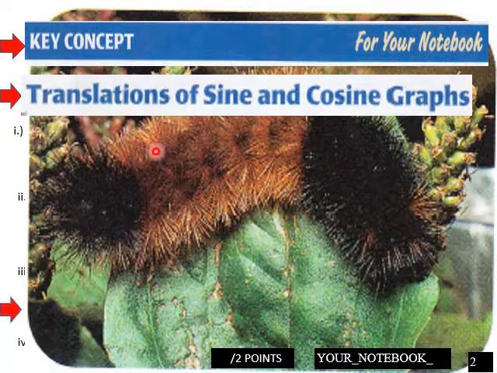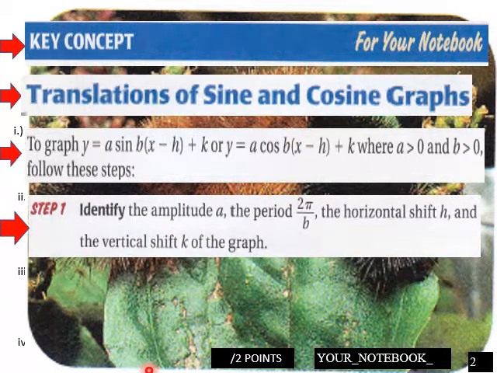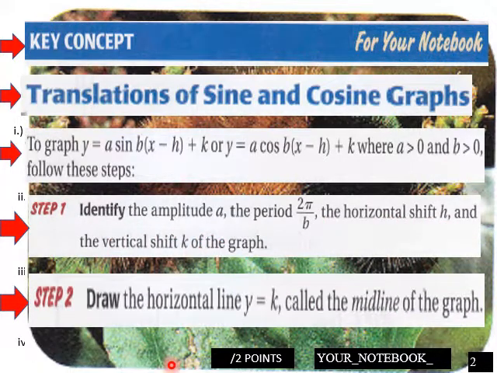Key concept here, translations of sine and cosine graphs. To graph y equals a sine b(x minus h) plus k, or y equals a cosine b(x minus h) plus k, with a greater than 0 and b greater than 0, follow these steps here. Identify the amplitude, the period 2 pi over b, the horizontal shift h, and the vertical shift k of the graph.